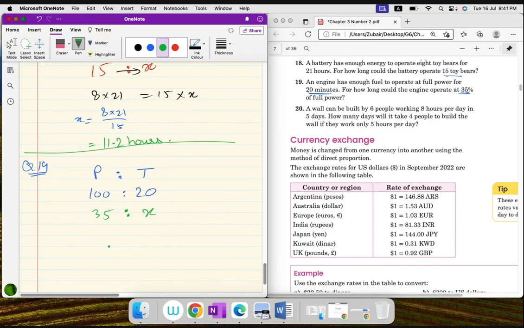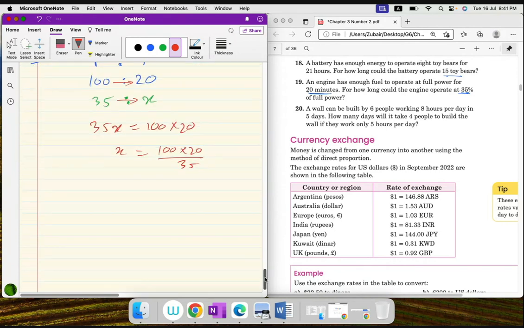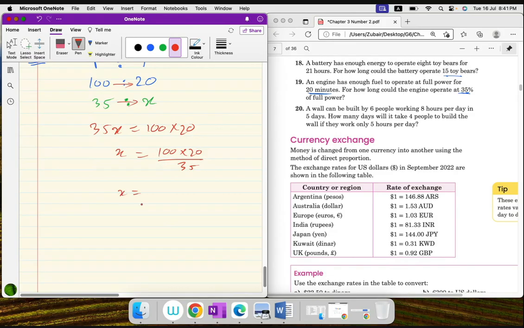It is not operating at full power, so it will consume less fuel, so it can work for a longer time span. Yes, sir. 35x equals 100 into 20, so x is 100 into 20 by 35, and it will work for 57.1 minutes.